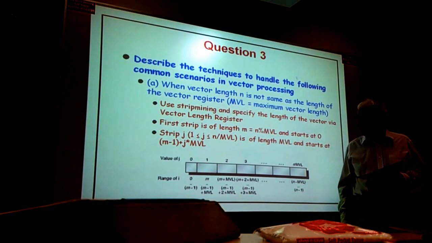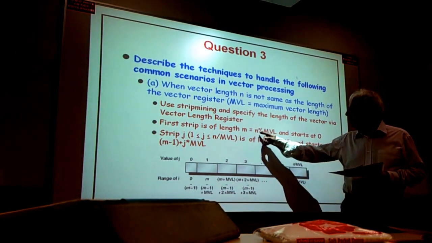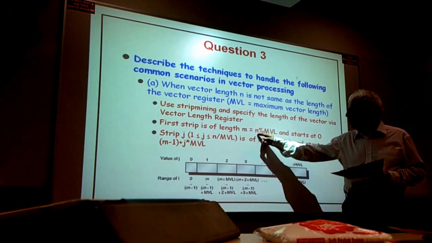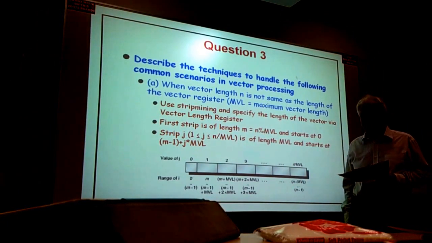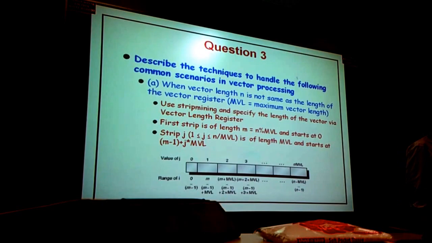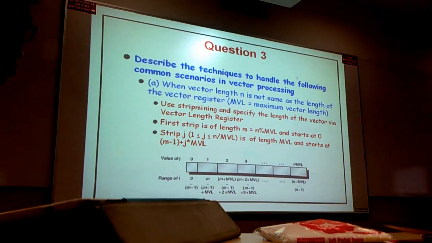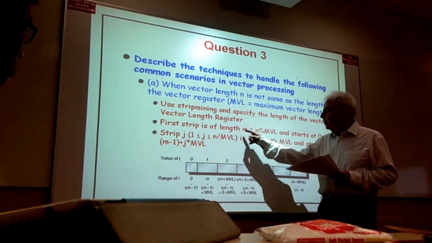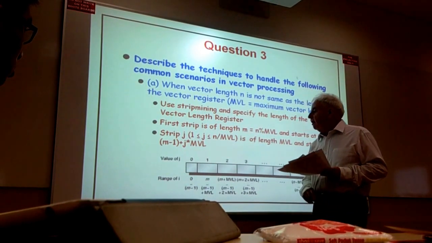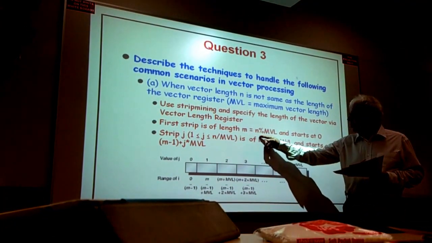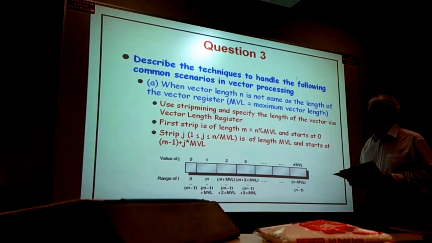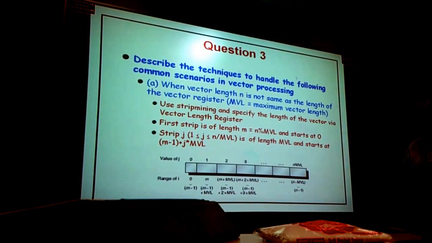We can work out how many extra elements are left over by taking n mod mvl. Then our first strip is at the beginning, of length n mod mvl, and starts at 0.